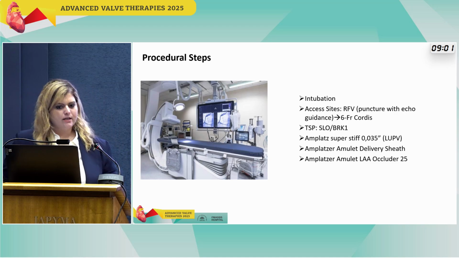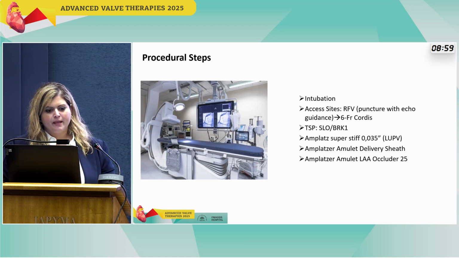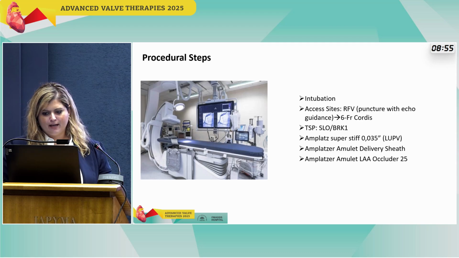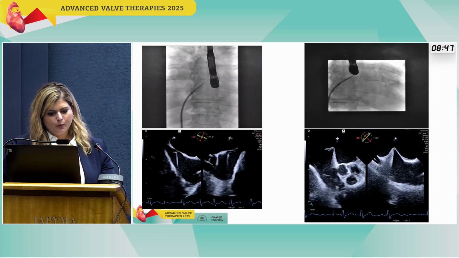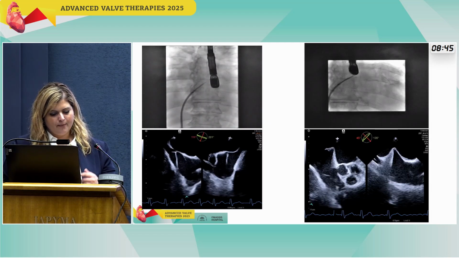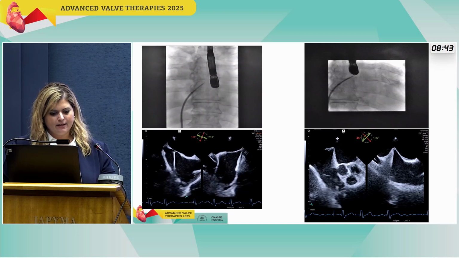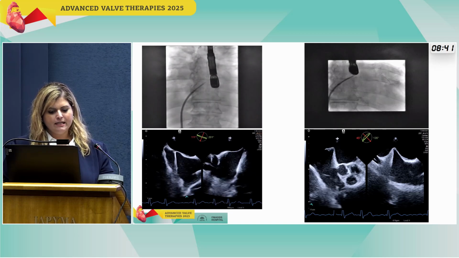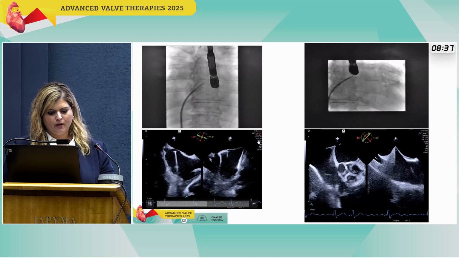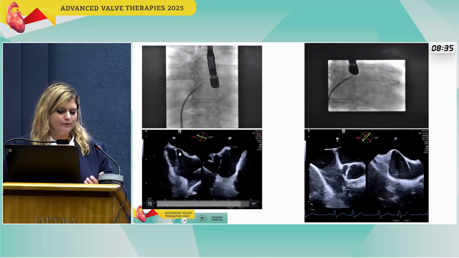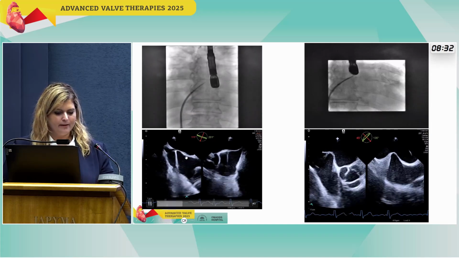We do that while the patient is intubated, and afterwards we do a puncture in the right femoral vein, of course under echo guidance, and we insert a six French catheter. We go with the catheter with a guide in the right atrium to the vein, and we first have to do the transseptal puncture.